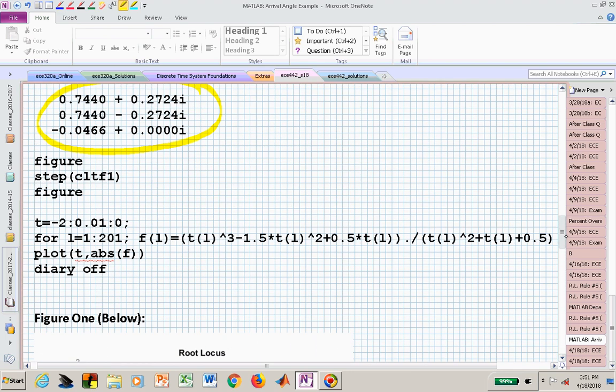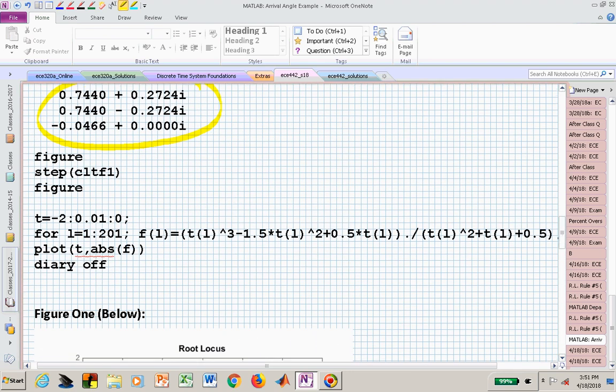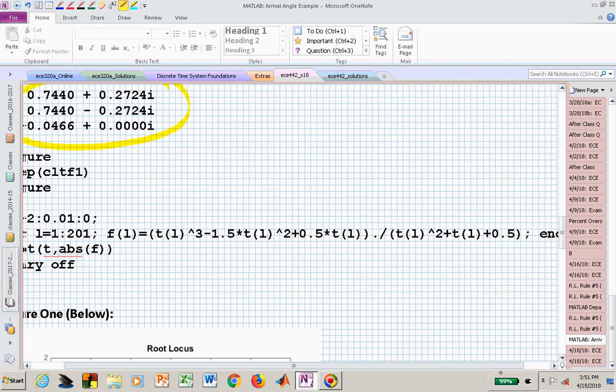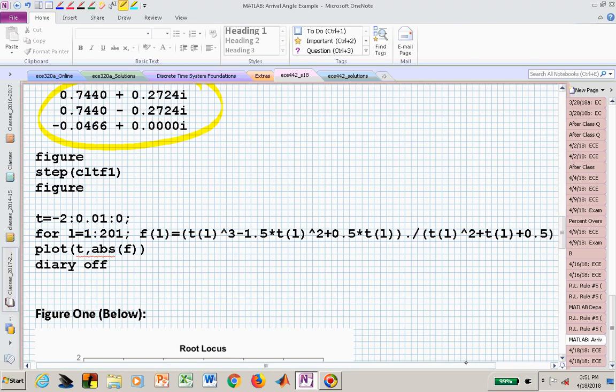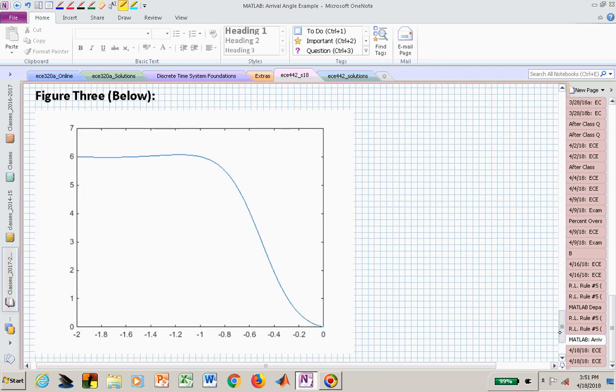And this last set of commands, it looks maybe a little cryptic, but now I'm examining the angle, the magnitude of K. Here I'm calling it F, and my Z is now T. So I don't know why I used all of these different variables, but here is a for loop from t ranging from -2 up to 0, and I'm sketching k, the magnitude of the gain along that.